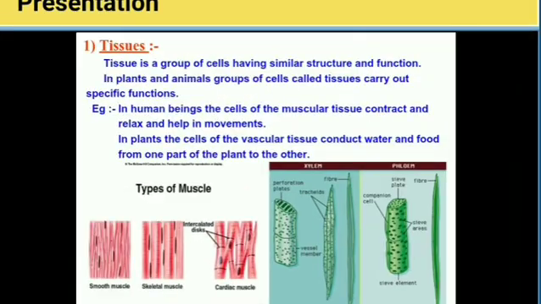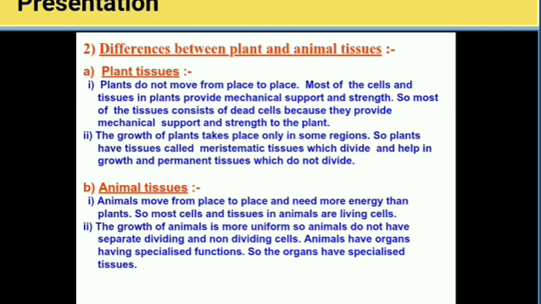Then we have also discussed why plant tissues and animal tissues are different. It depends upon the different requirements of plants and animals. As I have told you, plants cannot move from one place to another. They show only movements, standing at one place.